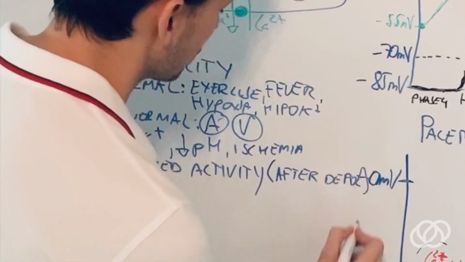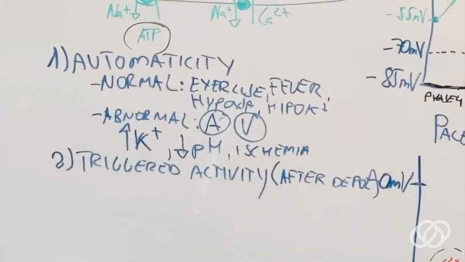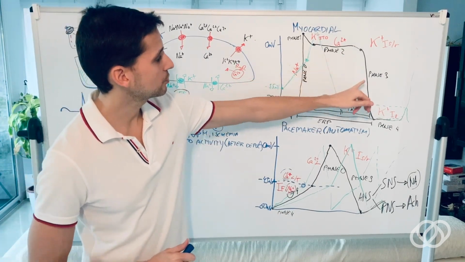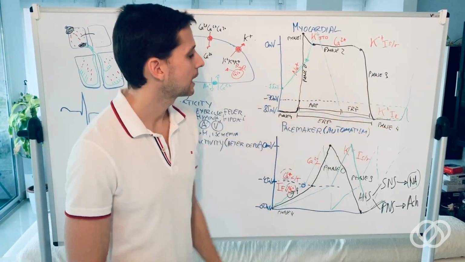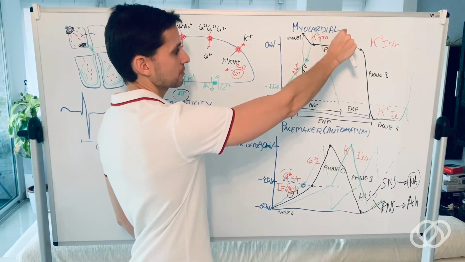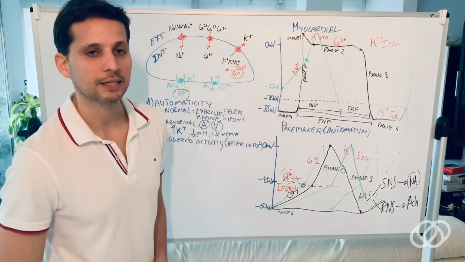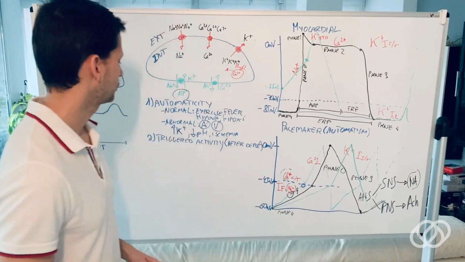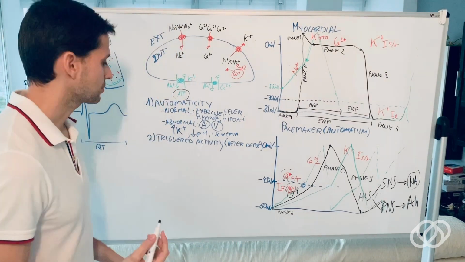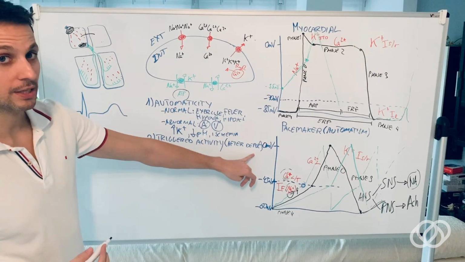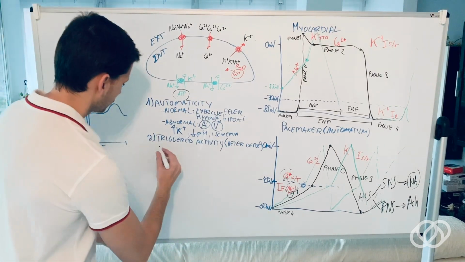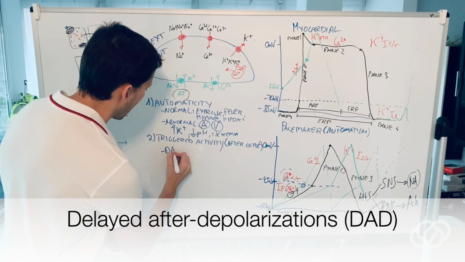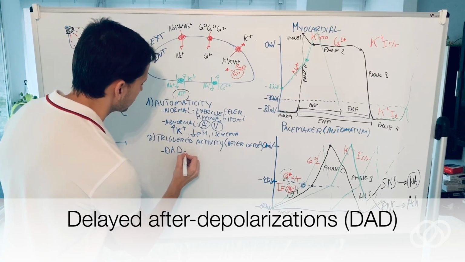Those afterdepolarizations can happen at any time, either in phase 2, phase 3 or phase 4, and a new action potential can begin before time. So there are two types of afterdepolarization that we can have. One is the delayed afterdepolarization.